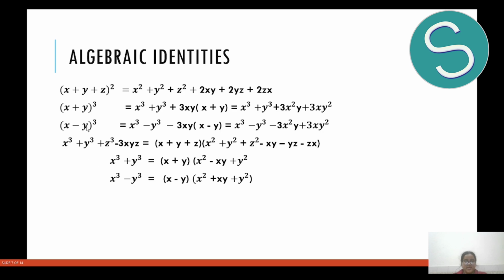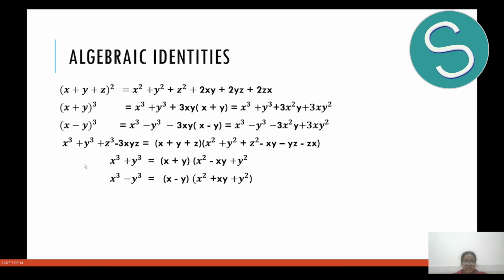Similarly, next is (x minus y) whole cube. This will give me x cube minus y cube minus 3xy into (x minus y). This can be further simplified as x cube minus y cube minus 3x square y plus 3xy square.